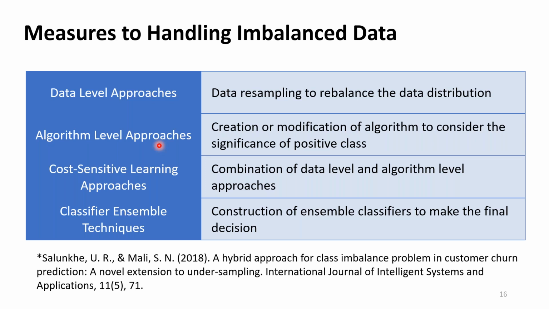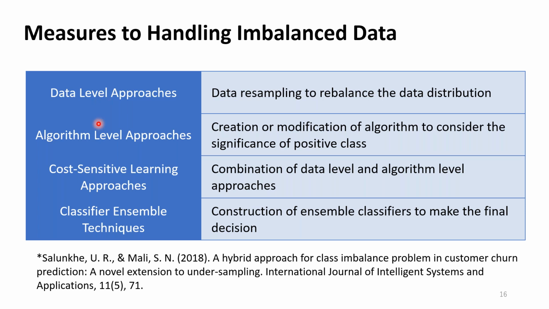As approaches to deal with class imbalance problems, four approaches have been proposed: data level approaches, algorithm level approaches, cost-sensitive learning approaches, and classifier ensemble techniques. Data level approaches apply resampling to rebalance the data distribution in order to eliminate the effect of the imbalanced class distribution in the learning process.